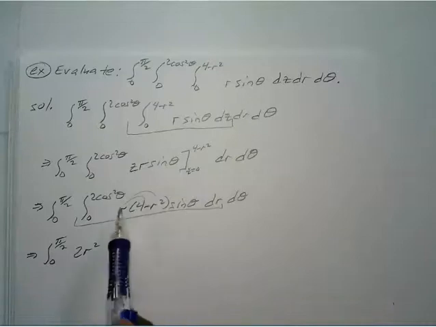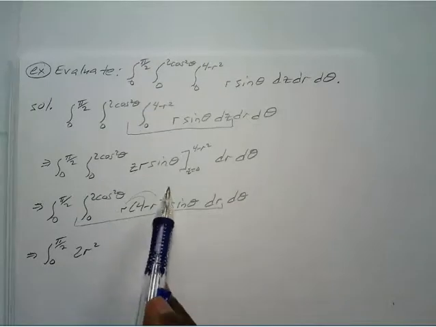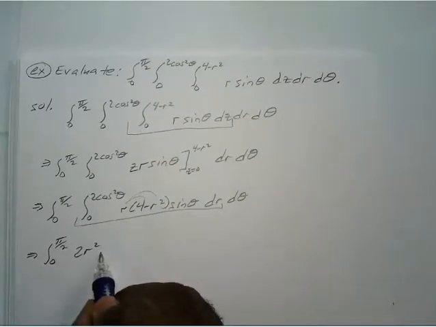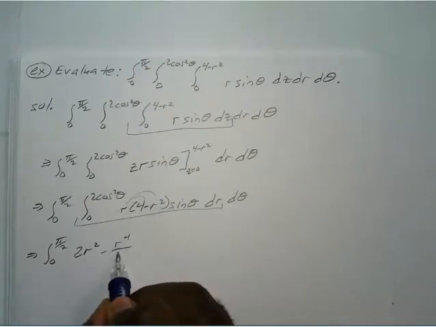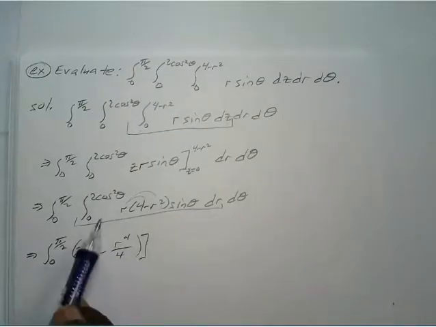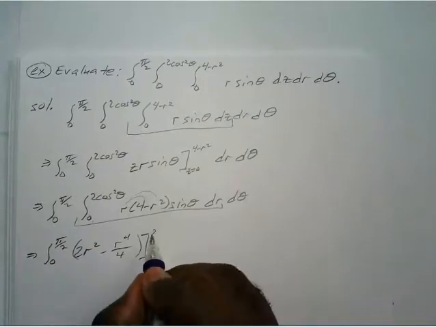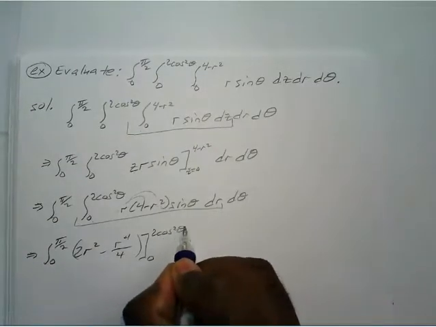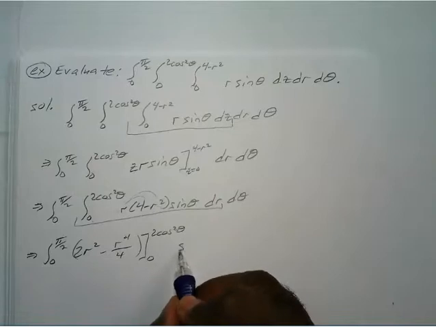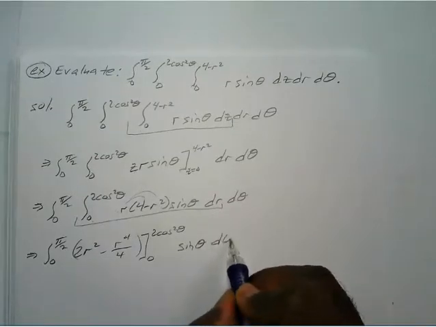We distribute this one, you get r to the third, and if you integrate that, it is r to the fourth over 4, so minus r to the fourth over 4. And that's from 0 to 2 cosine squared theta, times sine of theta d theta.